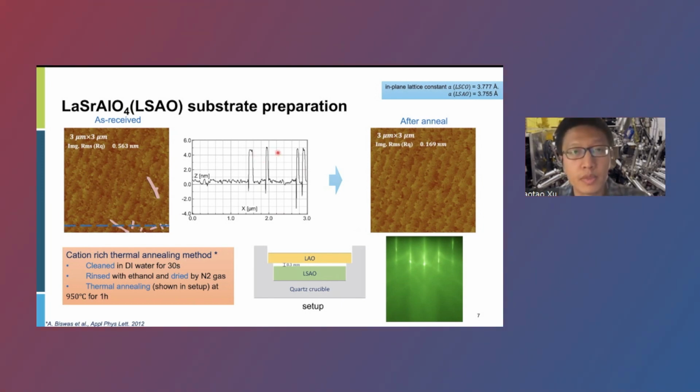And by applying this annealing method, after the preparation, these defects no longer exist, and the substrate has clear stepped terraces, and the roughness of the surface is only 0.169 nanometer, which means we have obtained an intrinsically atomically flat substrate, and the substrate quality is also confirmed by RHEED in the MBE chamber.